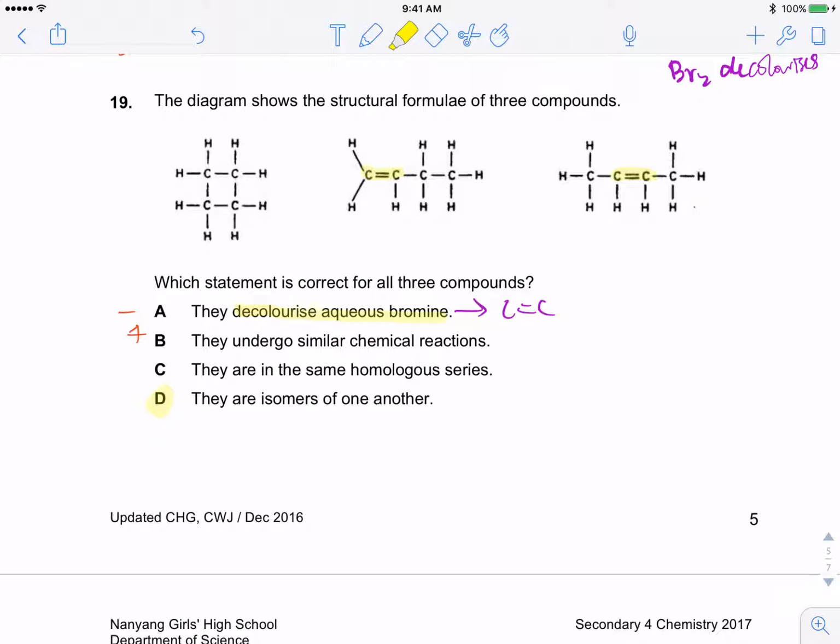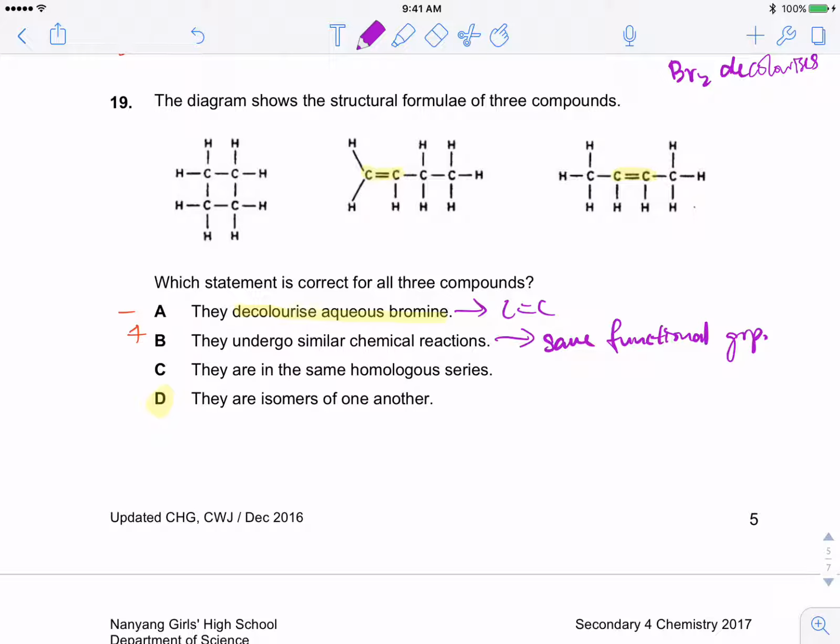B. They undergo similar chemical reactions. For this to occur, they must have the same functional group. Again, the first compound, cyclobutane, does not have the same functional group as the other two. C. They are in the same homologous series, which is also false. They are not in the same homologous series.